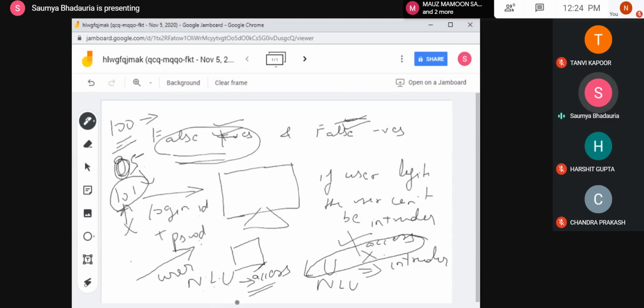But your attacker did only 9 times. So the attack occurred in those 9 times itself. So here your rule failed. So you are giving access to your non-legitimate user in this case. That is why it is classified as a false negative.